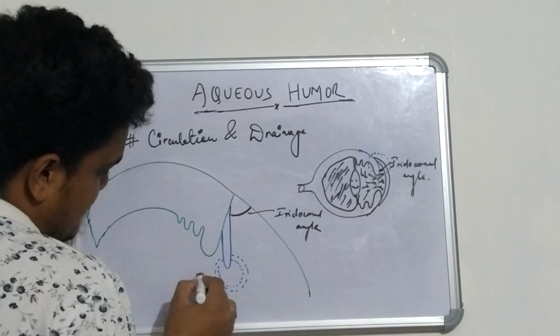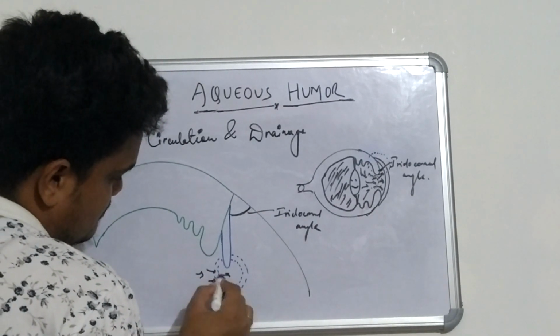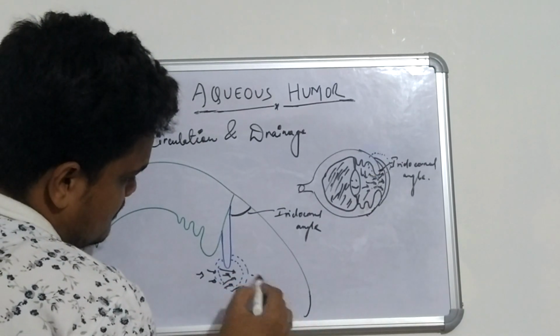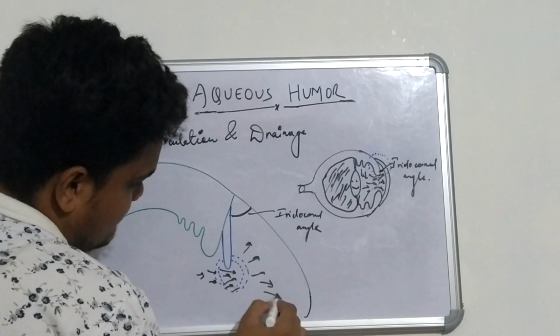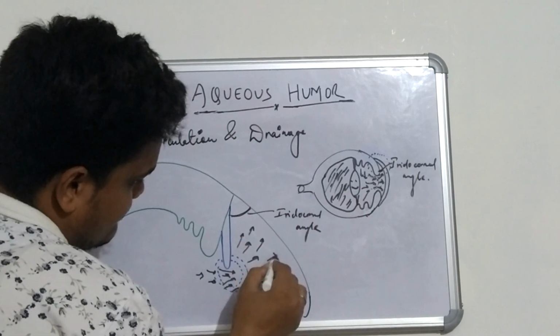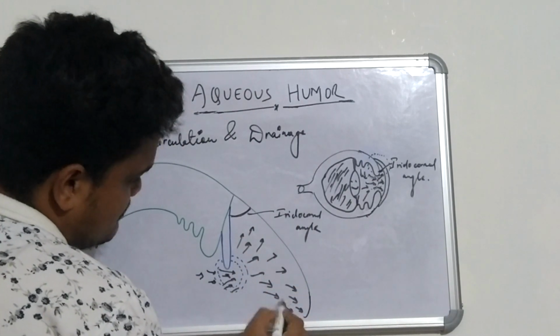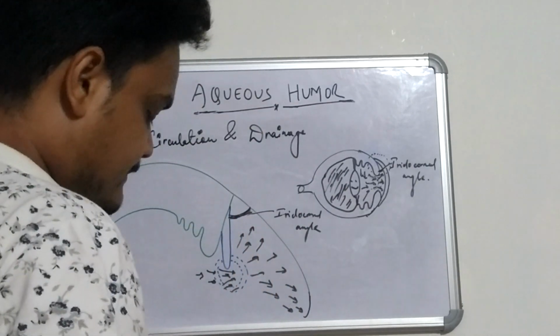So the aqueous will circulate from the posterior chamber, comes to the anterior chamber, and it drains out from this iridocorneal angle.